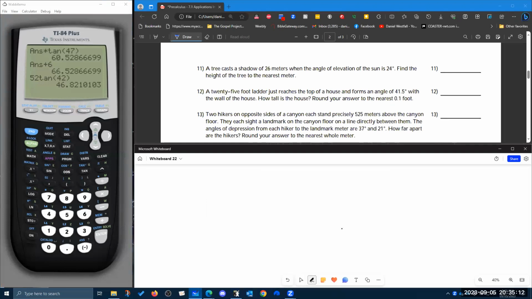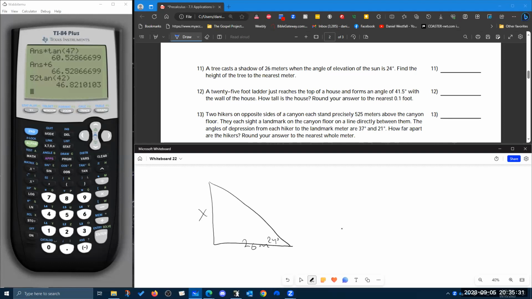A tree casts a shadow 26 meters long when the angle of elevation of the sun is 24 degrees. Find the height of the tree to the nearest meter.